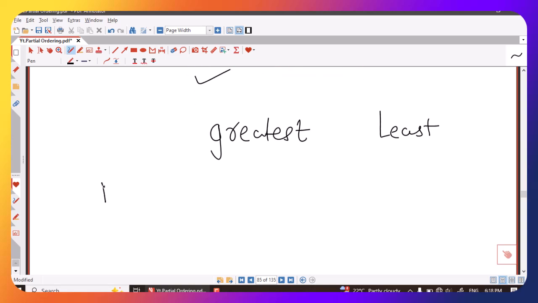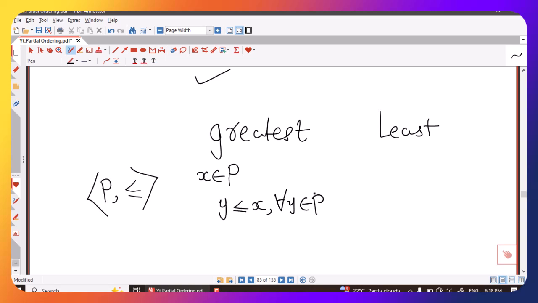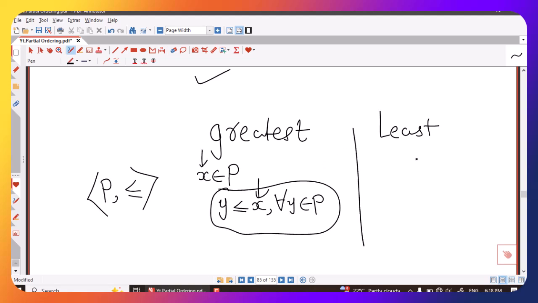If we have a partially ordered set P, then x belongs to P is called greatest element if y is related to x for every y in the given poset P. If y is related to some element x of a poset, then that element x is called the greatest element of the poset, and the least element is that element which is related to every element of the poset.